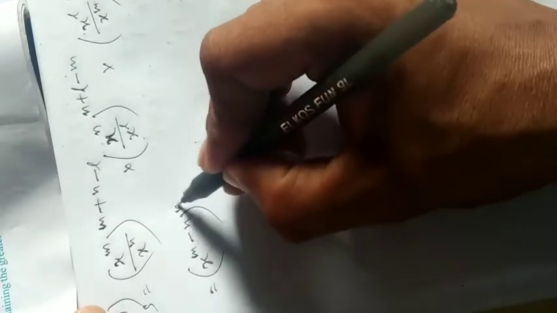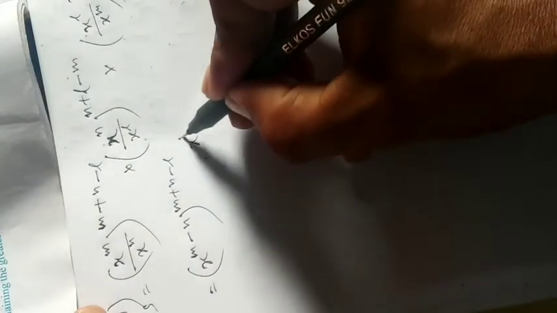It is also the same rule applied here, m plus n minus L into x to the power n minus L to the power n plus L minus m into x to the power L minus m to the power L plus m minus n.